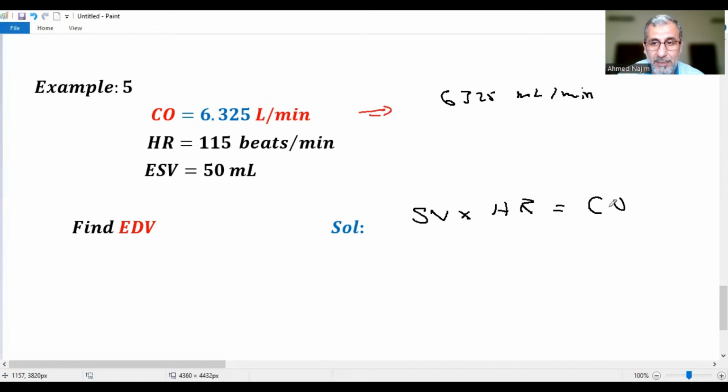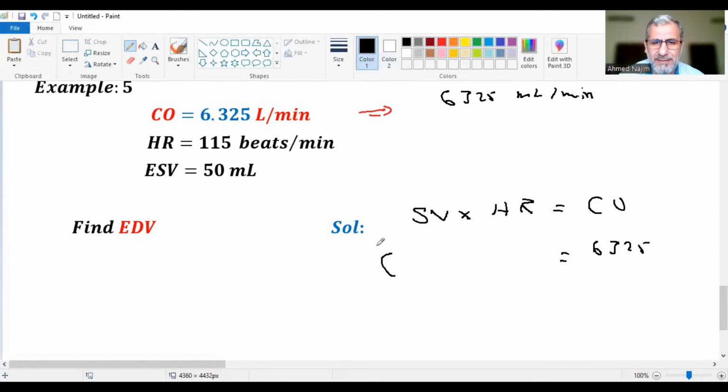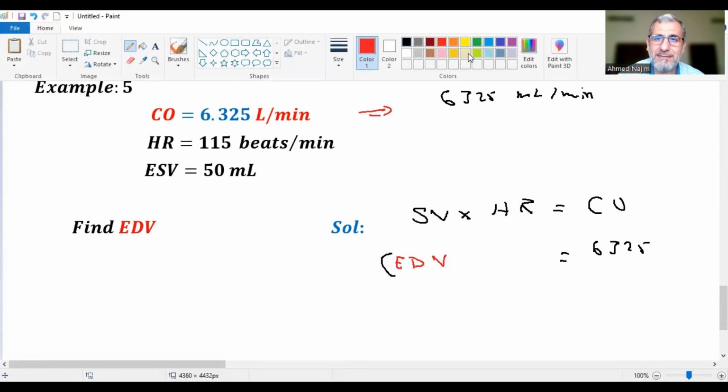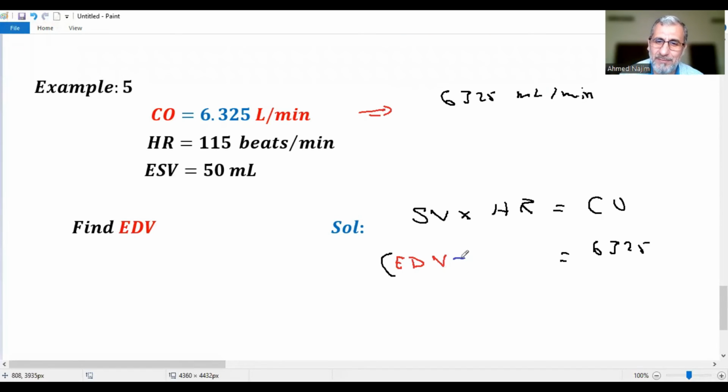Cardiac output is given as 6,325. Stroke volume is the unknown end diastolic volume, EDV, minus the end systolic volume given as 50, multiplied by the heart rate given as 115. To find EDV, first divide by 115.